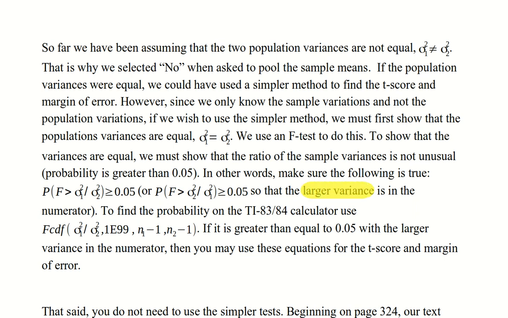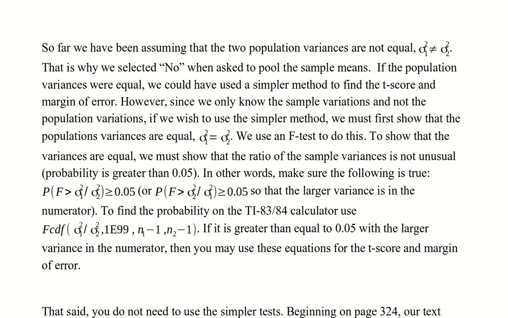So the larger of the two has to be upstairs. And you can do an F-test in your calculator. It's F cumulative distribution function, and then you have to put in the degrees of freedom, and you have to put in that upper bound.